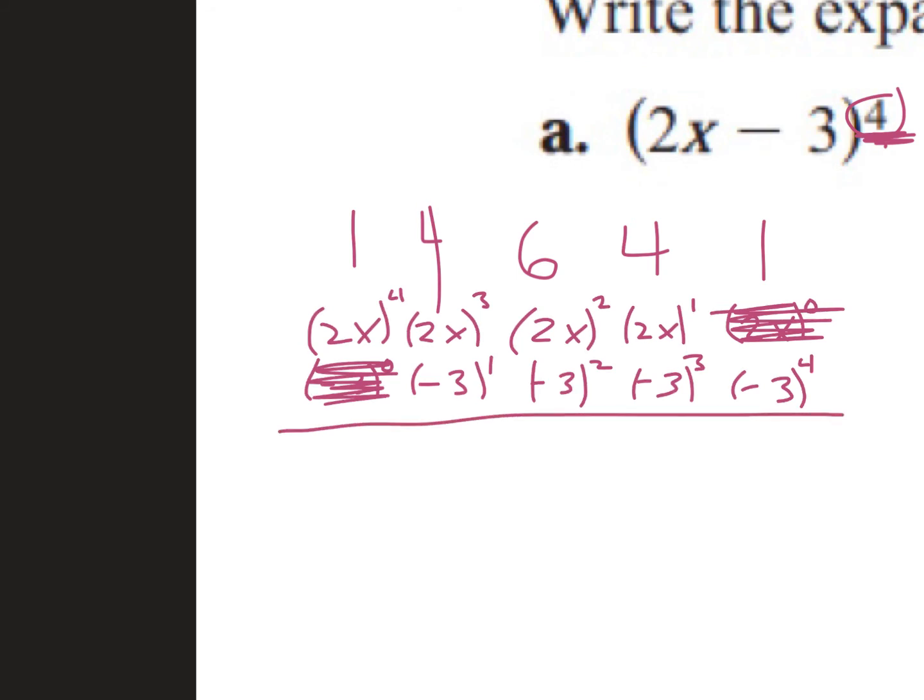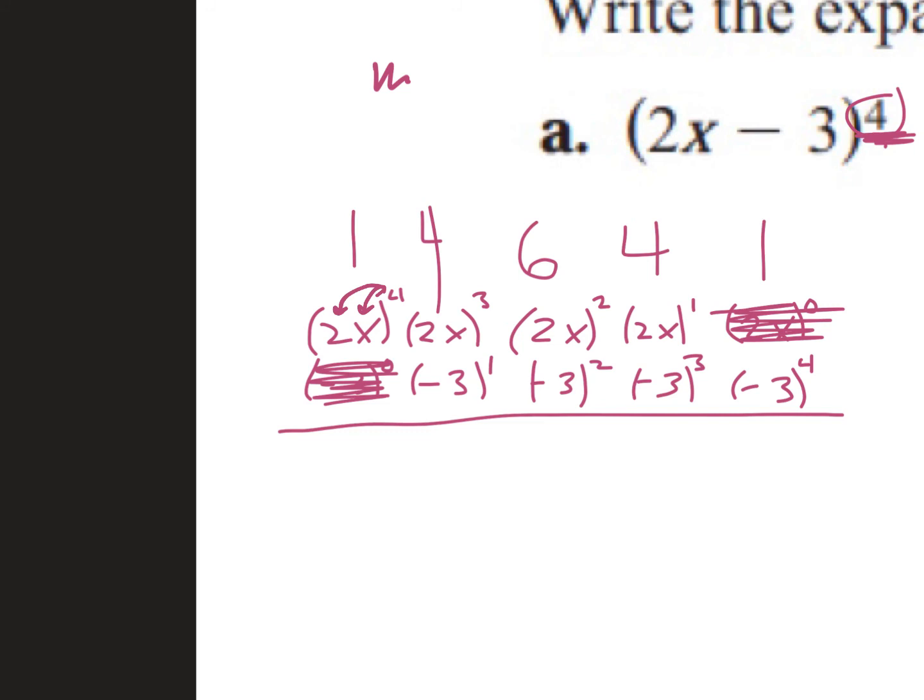What is 2x to the 4th power? It is 2 that needs the exponent of 4 and x that needs that exponent of 4. So we have 2 to the 4th power, which would be 2 times 2 times 2 times 2.